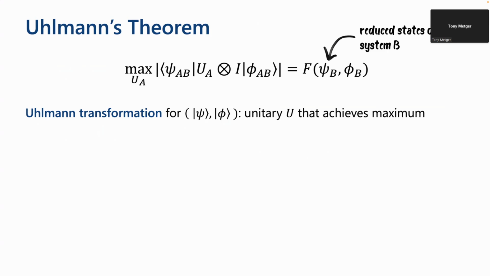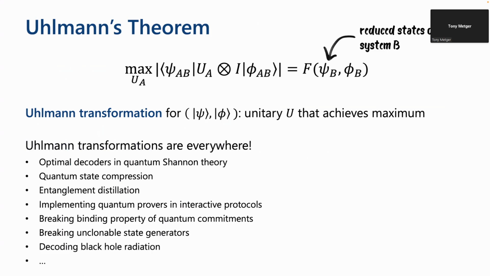So we'll hopefully get to that, but here's a very brief list of where these Uhlmann transformations show up. If you do quantum Shannon theory and these decoupling style things, the decoder in a protocol is basically just implementing an Uhlmann transformation. Quantum state compression is basically implementing an Uhlmann transformation, as is entanglement distillation.